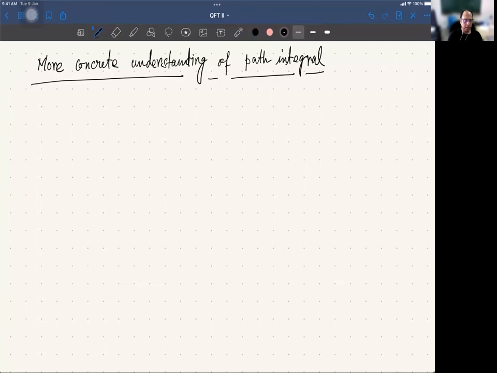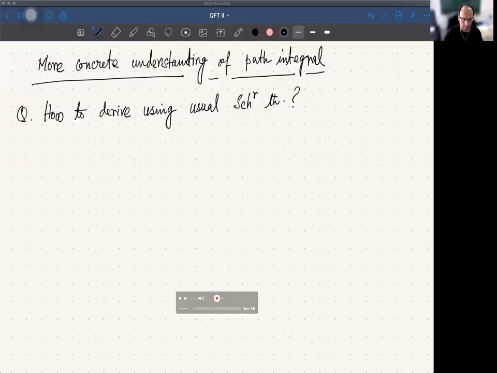So the question is how to derive it using the usual Schrodinger theory. That is the question. Okay.